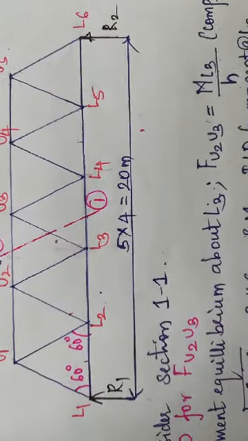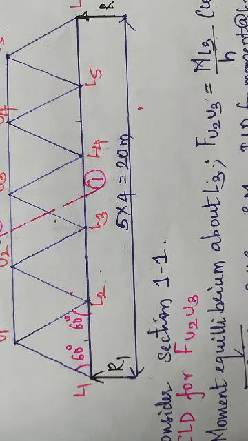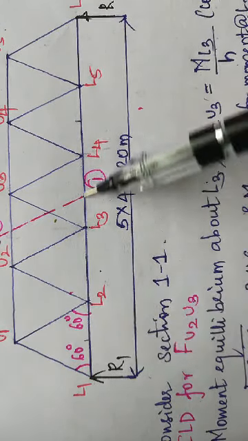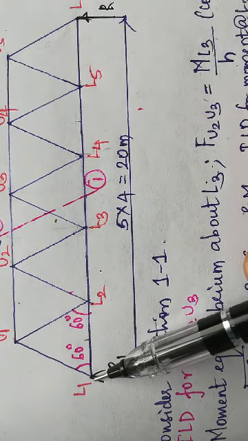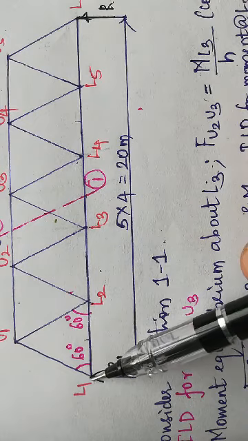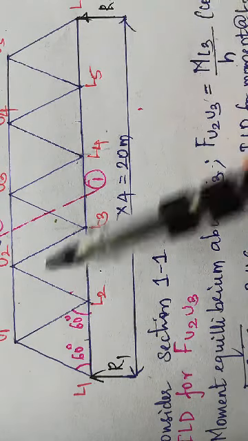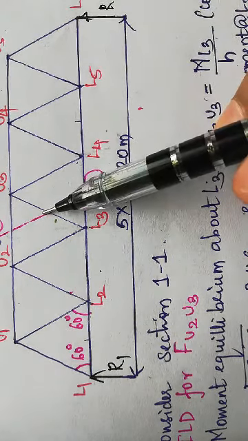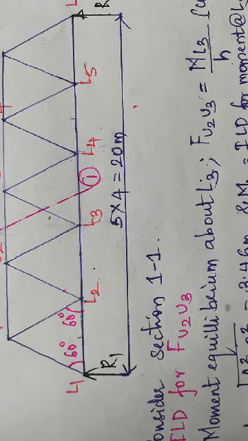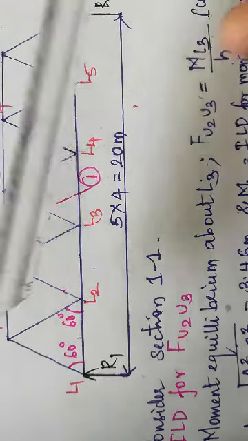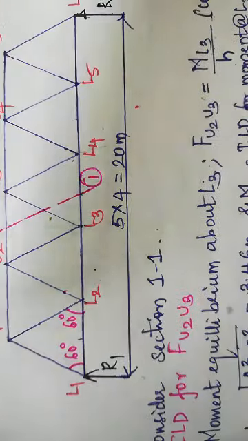Now how can I say it is compressive in nature? Since the load is moving on the bottom chord, the bottom chord members try to expand and the top chord members try to compress. This is how generally we can have this as a compressive member, that is, it just sags.